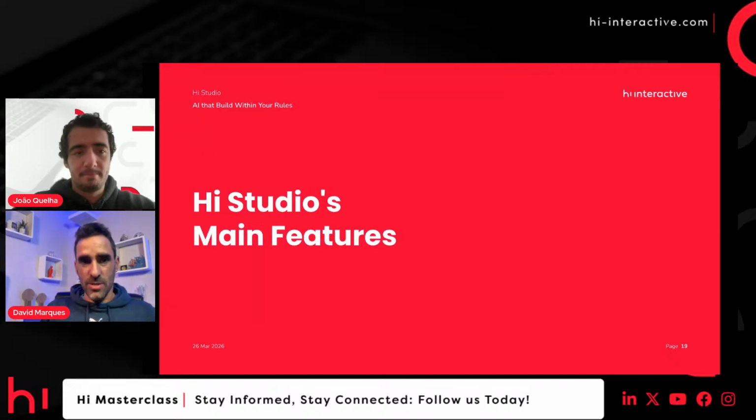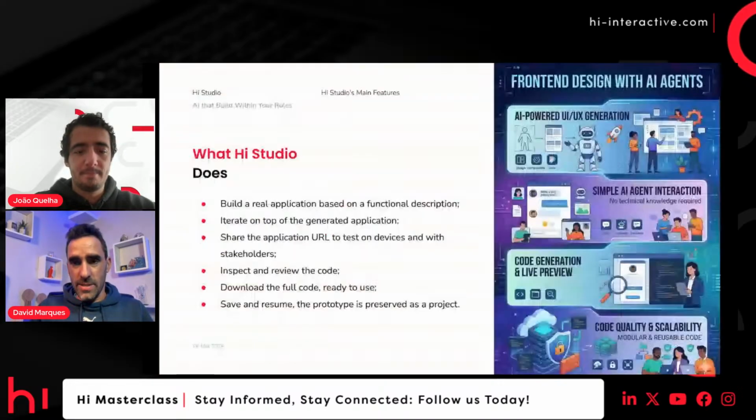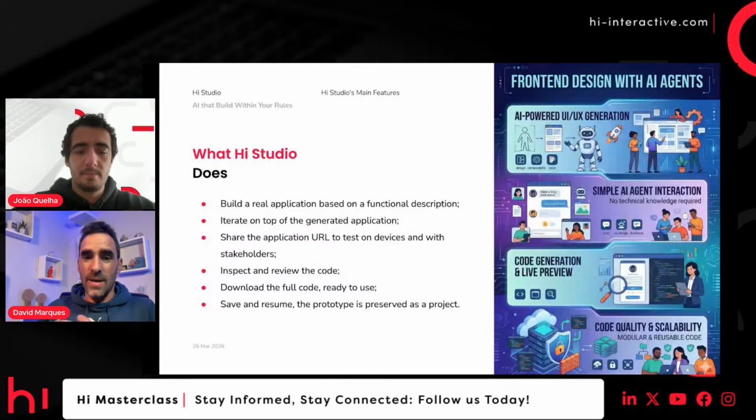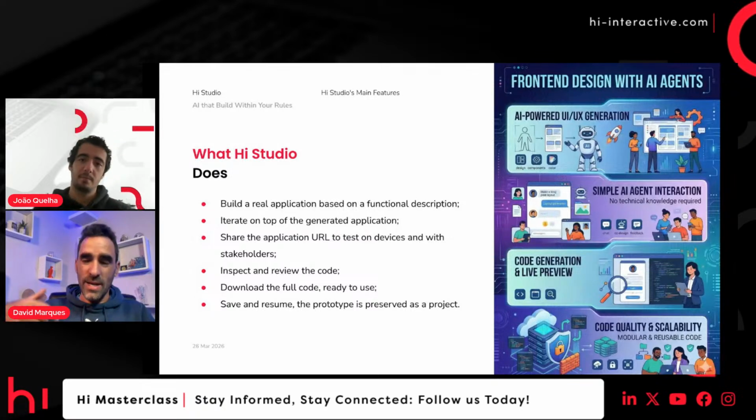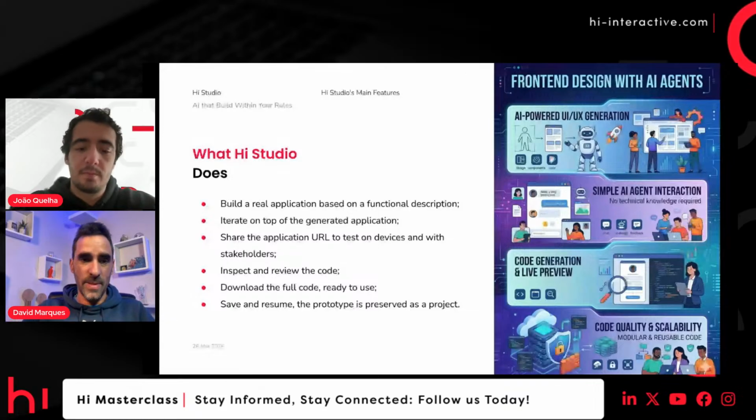iStudio main features. So what does iStudio do? I will list the main features, but iStudio does everything or almost everything. Build a real application based on a functional description, so you can describe and check a live application. Iterate on top of generated applications. You start with a starting point, you describe your application, but you can iterate on top of the generated code and on top of the generated application.